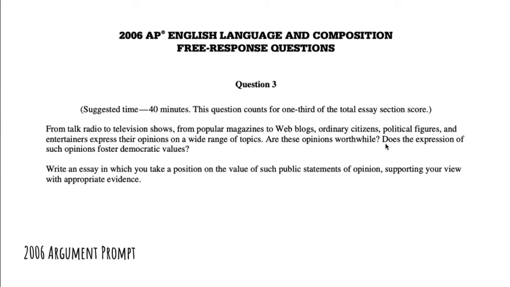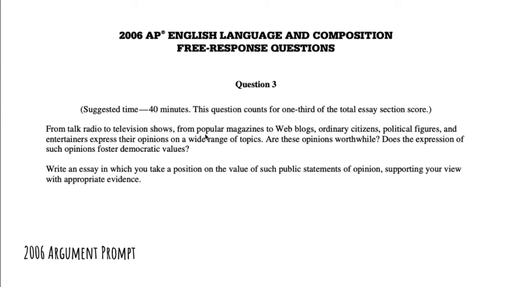And just to clarify what this question is asking: when we think about the fact that right now, because of the way that media works, more people have the ability to speak their minds to a wider audience than they ever have been able to in the history of information.